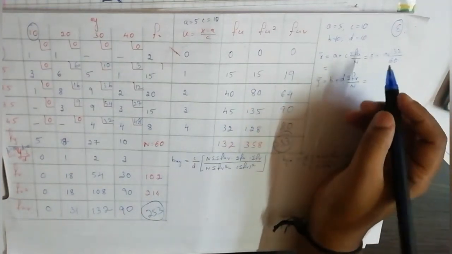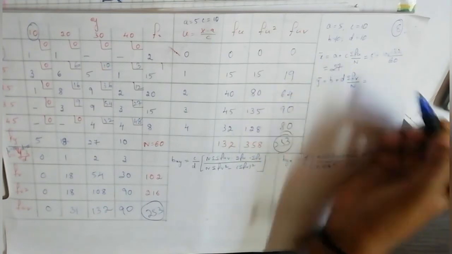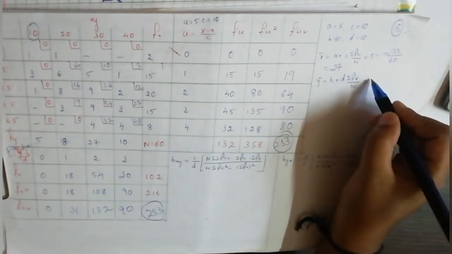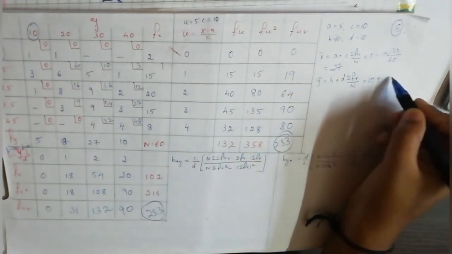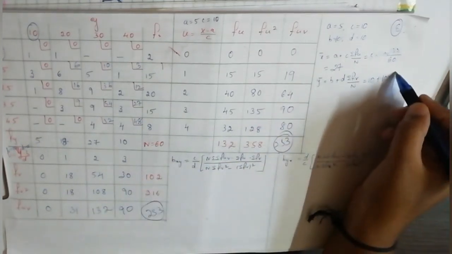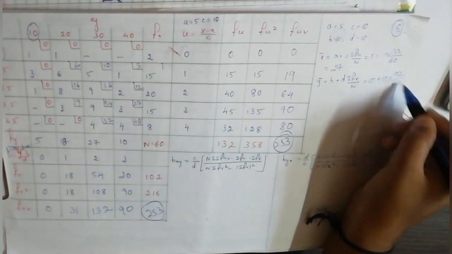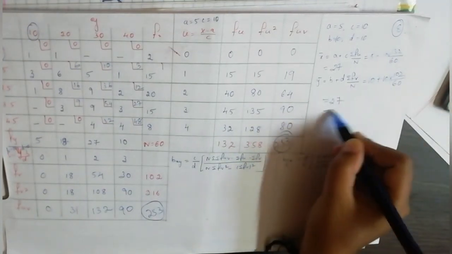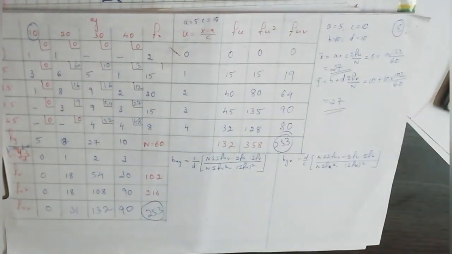So if you simplify, we get 27. Similarly here, b is 10 plus d is 10, sum of fv is 102 and n is 60. Here also we'll get 27. So both x bar and y bar are 27 here.